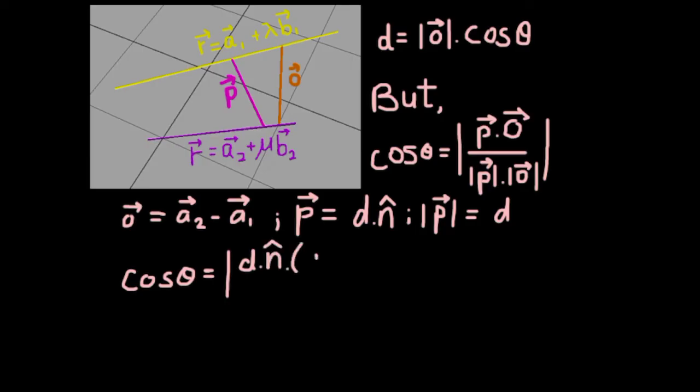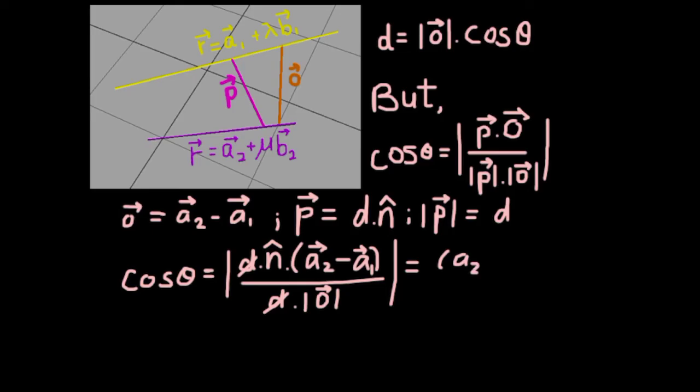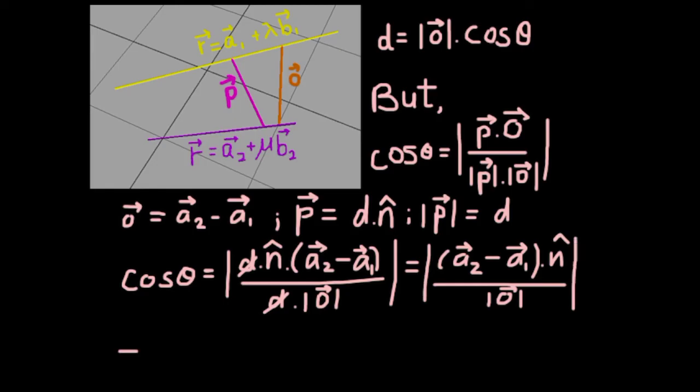So the o vector equals a2 minus a1 vector, and the p vector equals d times n cap, where d is the distance between the yellow and purple lines, and n cap is the unit vector of the perpendicular between the two lines.